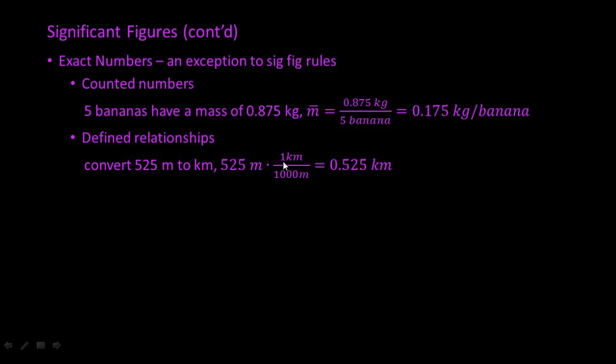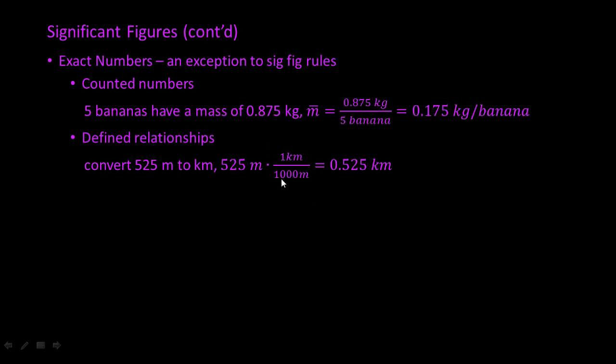Now, does that mean that there's only 1 sig fig in this number and 1 sig fig in this number? No. The relationship between meters and kilometers is defined. Exactly 1 kilometer is equal to exactly 1,000 meters. So this conversion factor is an exact number.